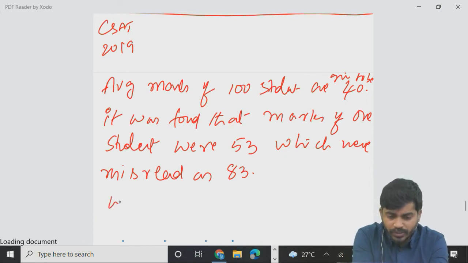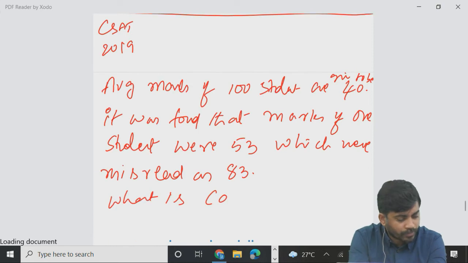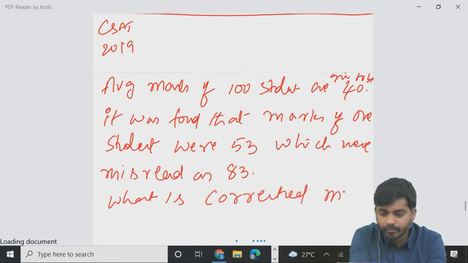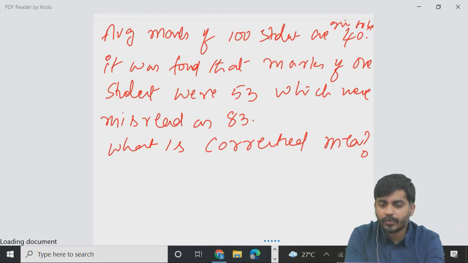Question is, what is the corrected mean? What is the corrected mean?